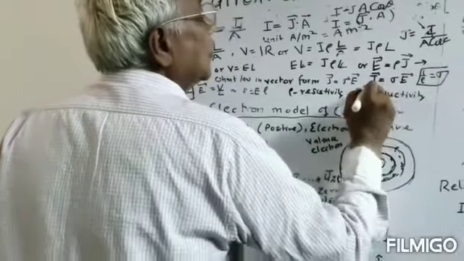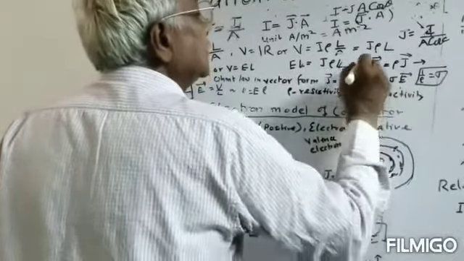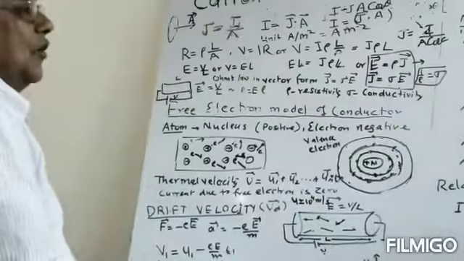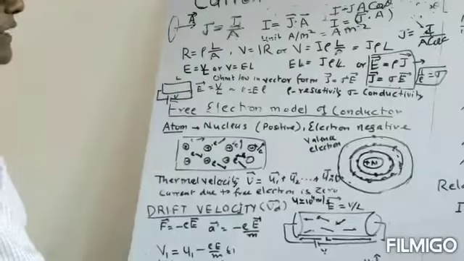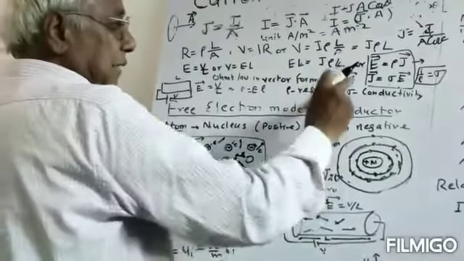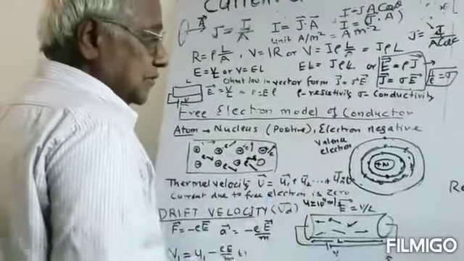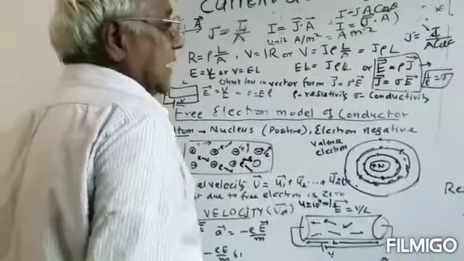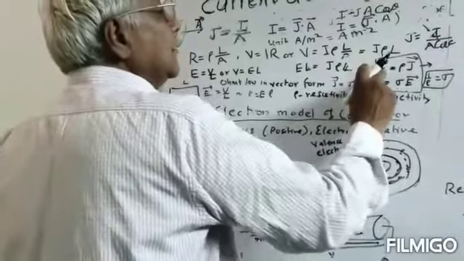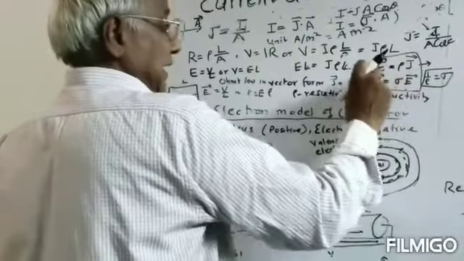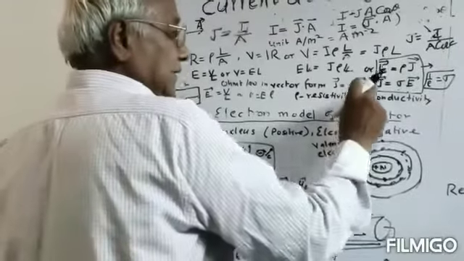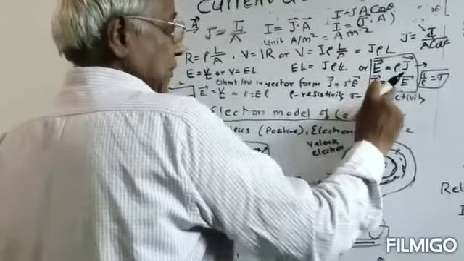So J will be equal to sigma into E. These two are known as the vector representation of Ohm's law, or we can say Ohm's law can be written in vector form in relation with the current density. E vector is equal to rho into J vector. Similarly, J vector is equal to sigma into E vector.